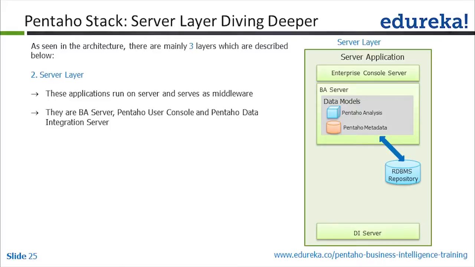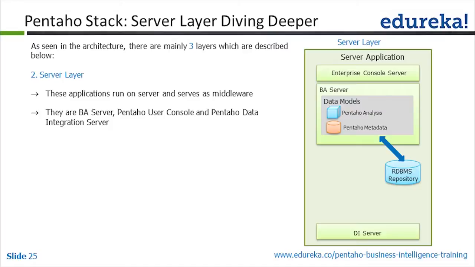Okay, now the server layer, this is the middle layer of the Pentaho BI architecture. These applications run on a server and serve as the middle layer. There are the BA server, Pentaho User Console, and Pentaho Data Integration Server.